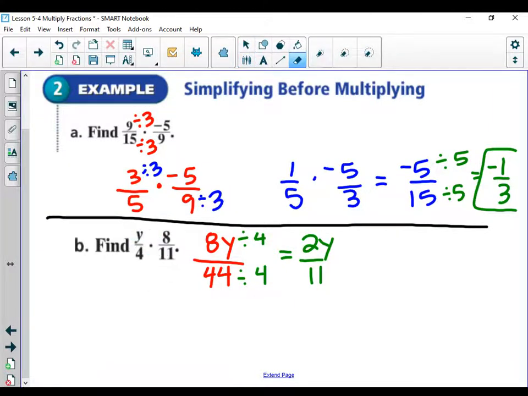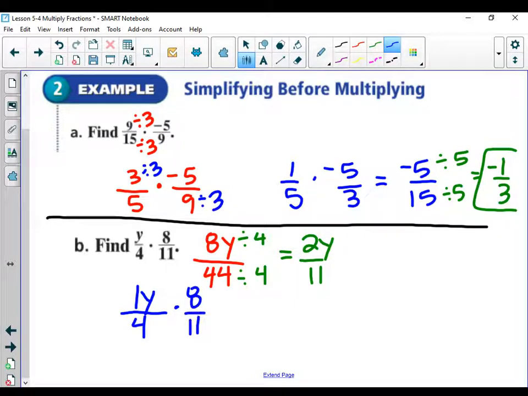You might be saying to yourself, hey, could I have simplified there? Sure. Divide this by 4, divide this by 4. 1y over 1. 2 over 11.